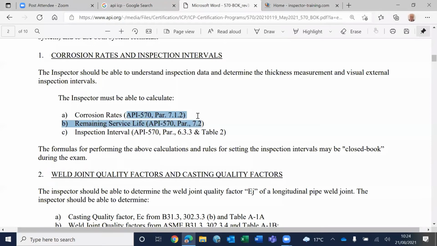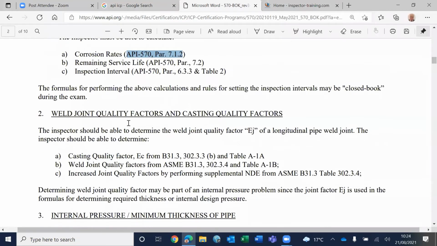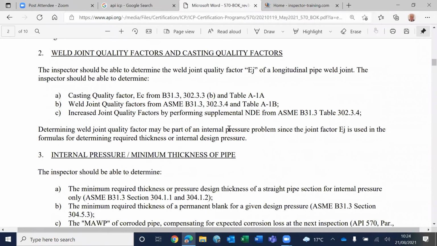So which section you can find that corrosion rate and remaining service life, and you should know about weld joint quality factors, EJ and EC, casting quality factors, and where you can find that sort of information. So you have to read all this, what is mentioned, doubly.